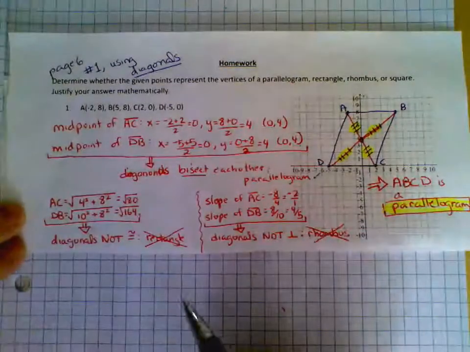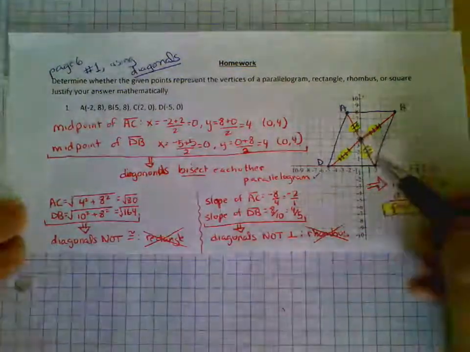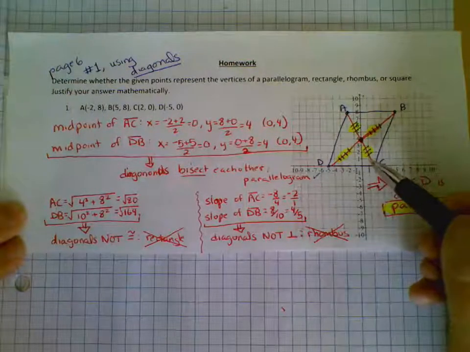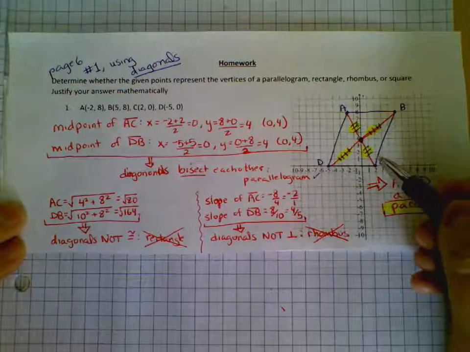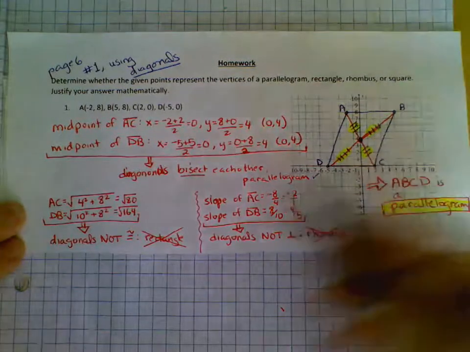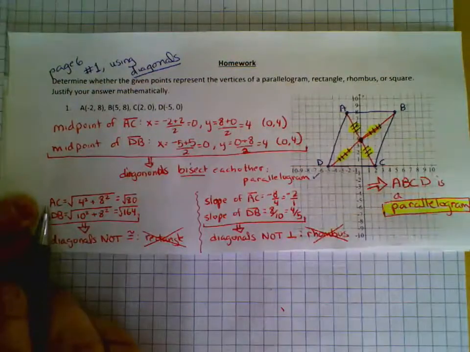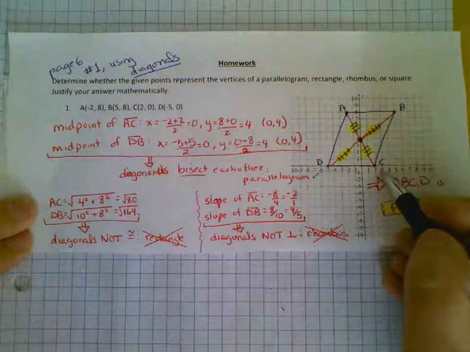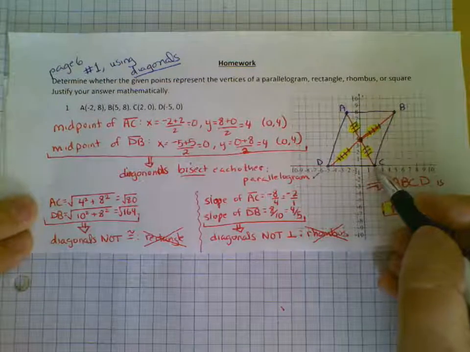But to be able to tell if it's anything else, I have to look at the properties of rhombuses and rectangles using the diagonals. The diagonals of a rhombus are perpendicular. The diagonals of a rectangle are congruent. If I use the distance formula to get the length of these two lines, AC goes over 4 and down 8.